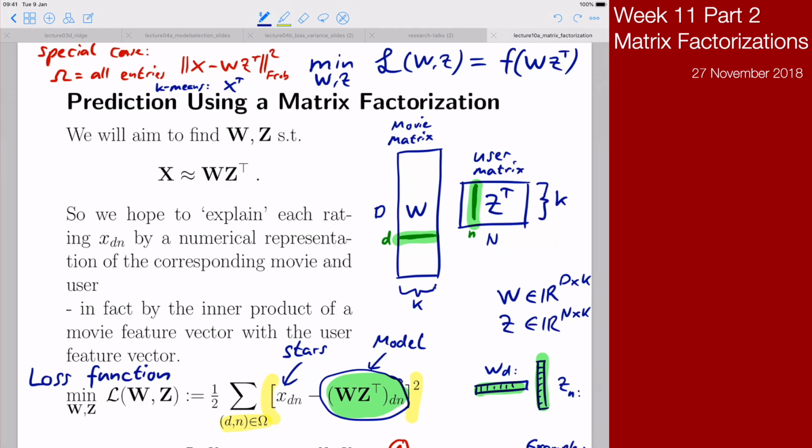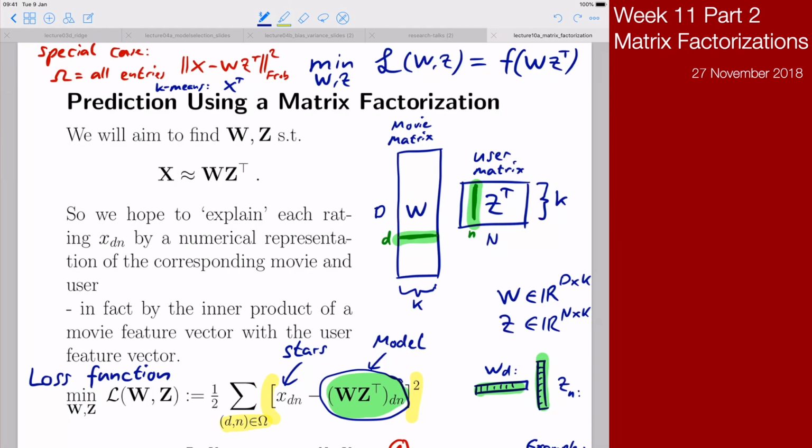Okay, so this Frobenius case is interesting. If you minimize without any constraints, asking what's the best w and z to approximate the x everywhere, that actually has a closed form solution. For a fixed k, this can be solved in closed form, and that's by the SVD.